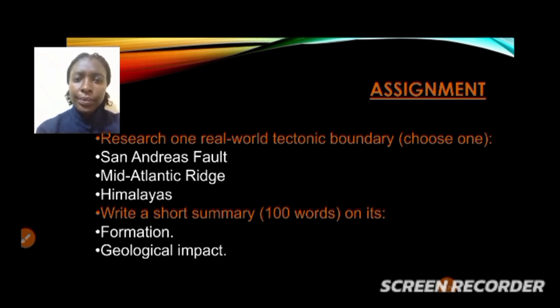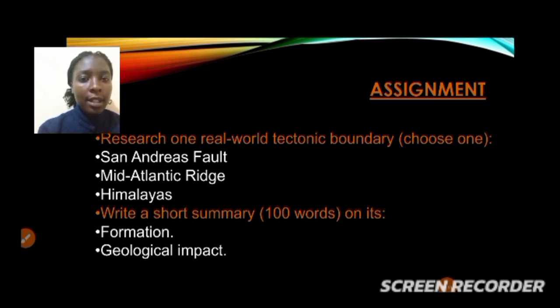Choose one: either the San Andreas Fault, which I've explained so many times, so it will be easier for you, or the Mid-Atlantic Ridge, which I talked of, or the largest mountain in the world, the Himalayas.